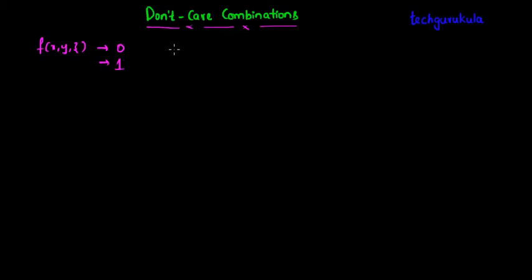Now suppose we have a function definition such that, say, g of x y z has output 0 for some input combinations and output 1 for some input combinations. And if there are some input combinations for which the designer doesn't care what the output of this function is, those particular input combinations are known as don't care combinations, and the output of the function is a don't care.